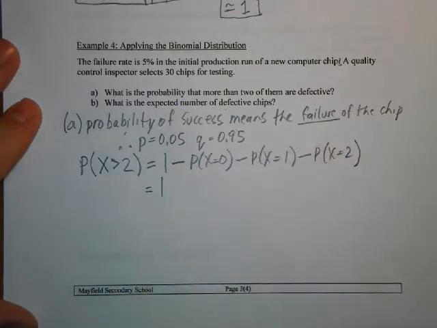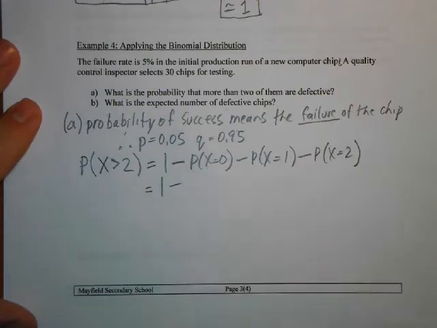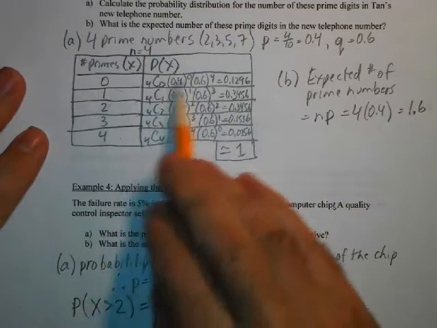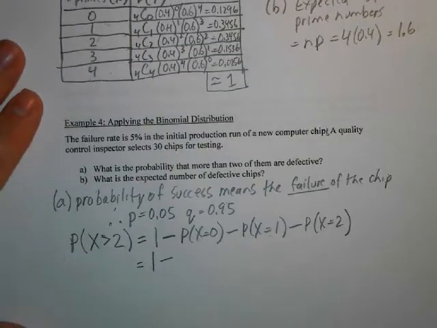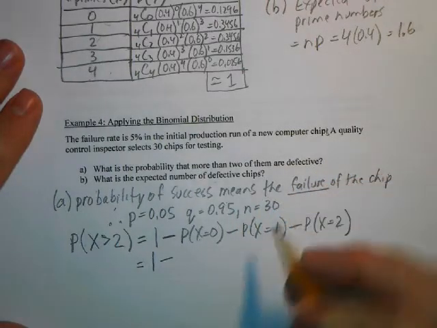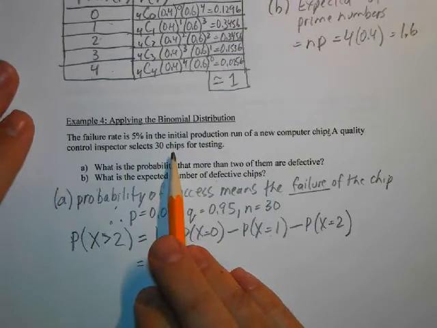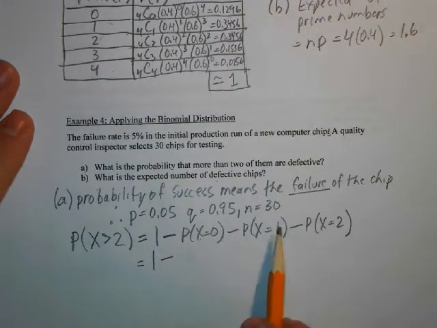Okay, so now I'm going to subtract this probability that x equals 0. So this is where we have to use an applicable formula like this for this question. So remember, our n is 30 because we're inspecting 30 chips, and we want to know the probability of having 0 failures, 1 failure, and 2 failures out of those 30 chips.